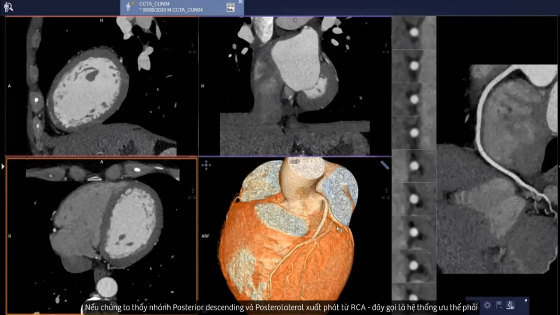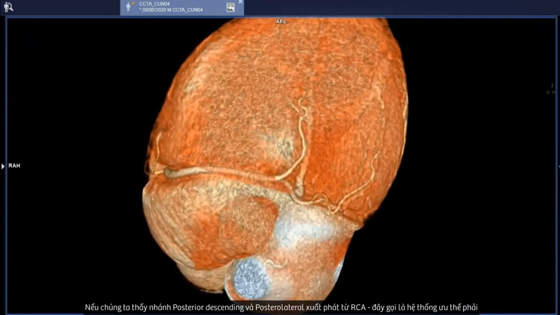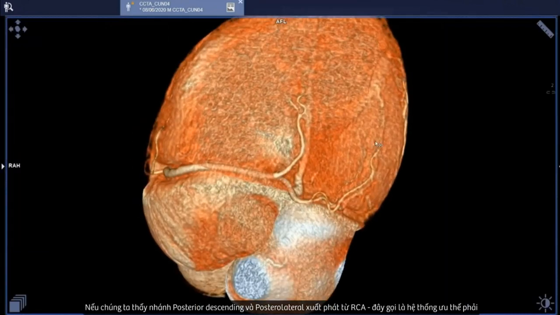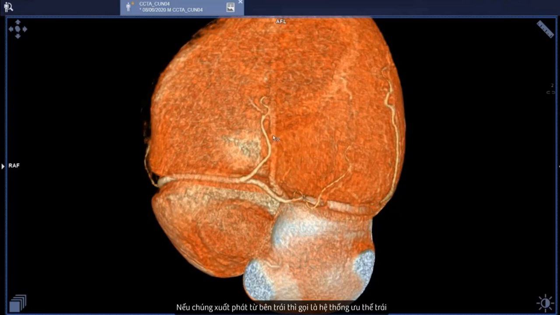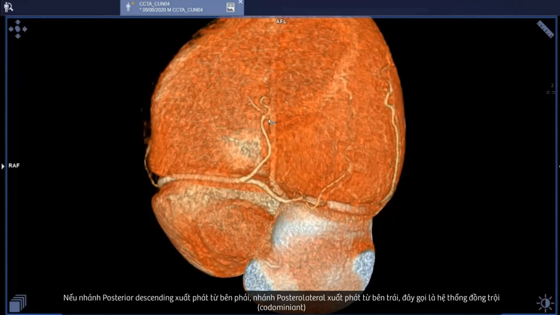When we see the posterior descending and posterior lateral branch coming from the RCA, this is a right dominant system. Other times they will come from the left, this would be a left dominant system. Other times the posterior descending comes from the right, the posterior lateral will come from the left. That's a codominant system.